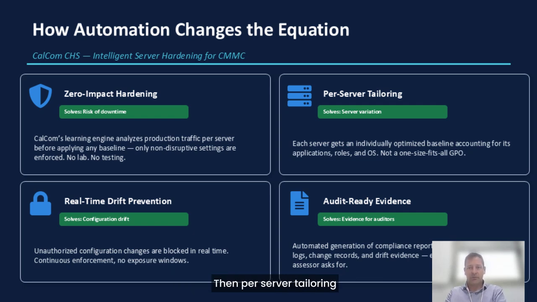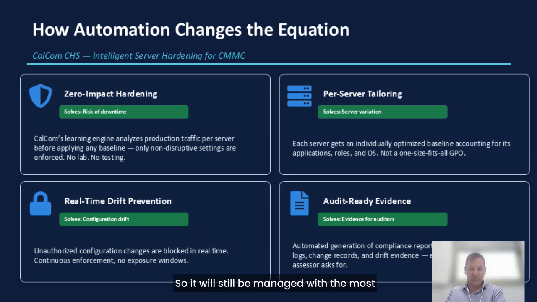Then per server tailoring of the baseline. In the Windows world, GPOs are very broad. You cannot handle individual servers with GPOs, or on the other end, in the Linux world, just pushing a script to a machine, managing it across hundreds or thousands of machines can be quite challenging. Here at Calcom, we have the ability to tailor a relevant baseline based on the version and the role of the machine, and also the results of the learning mode.